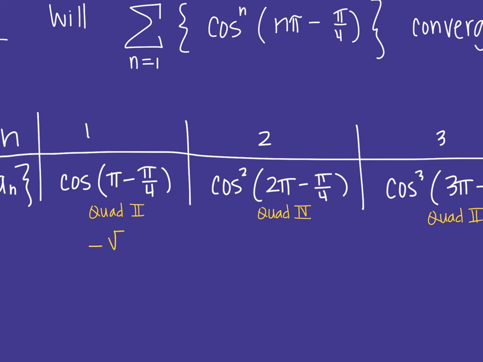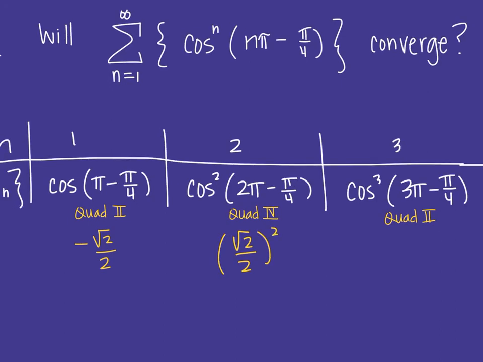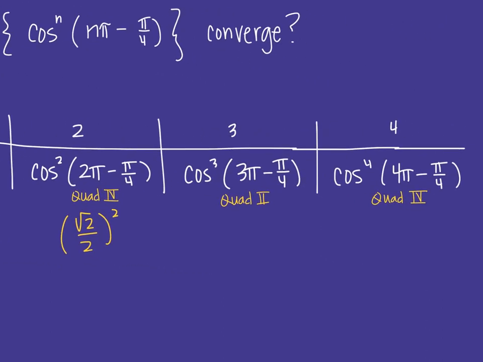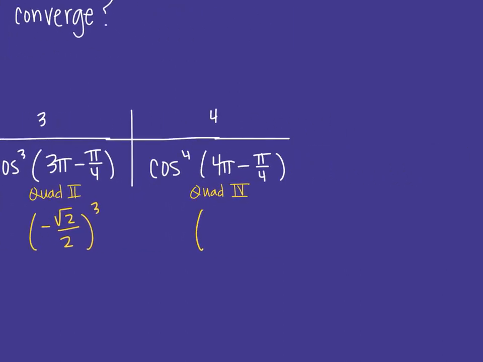Negative what? Negative rad 2 over 2. All right. What is the cosine when you're in quadrant 4 at 7 pi fourths? Positive rad 2 over 2, but then what do I have to do to that? I have to square it. Okay. When I'm back in quadrant 2 again? Negative rad 2 over 2, but what do I have to do to it? Cube it. And when I'm back in quadrant 4 again, I'm back to positive rad 2 over 2, but I have to fourth it.